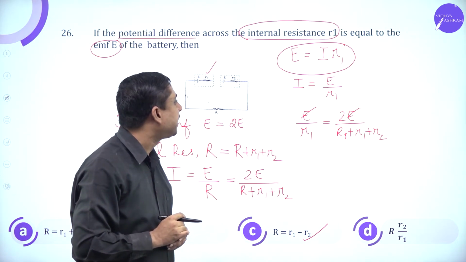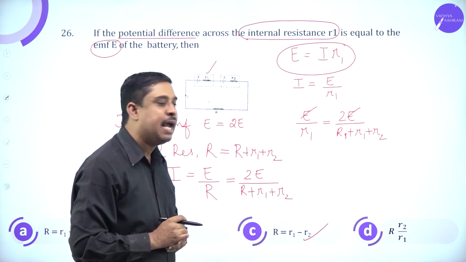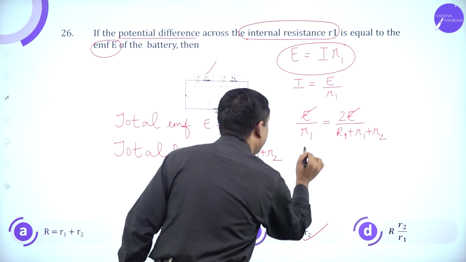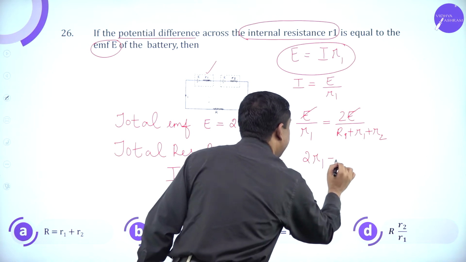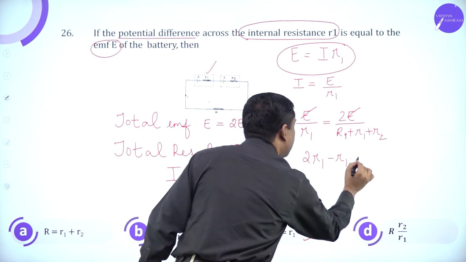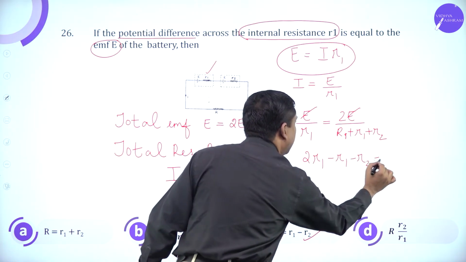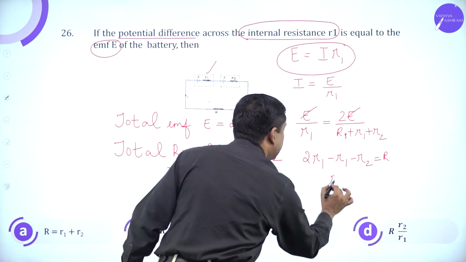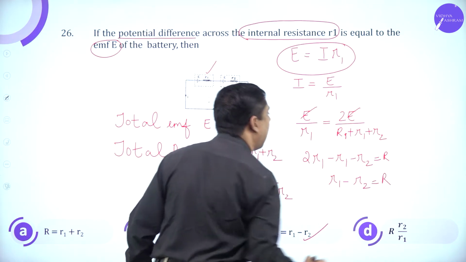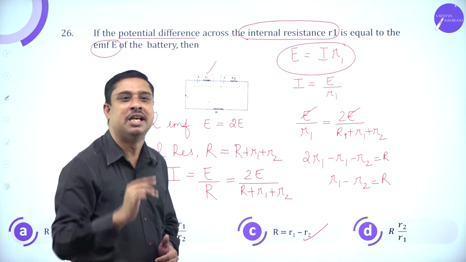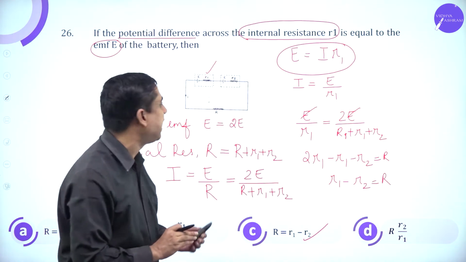So simplification has to be at a brisk rate. Look here, 2 times R1 minus R1 minus R2 is R. So very clearly, R1 minus R2 is R. So this simplification you need to do at a brisk rate.